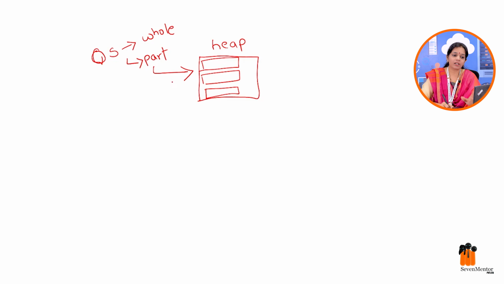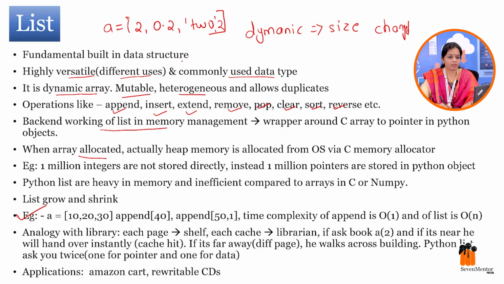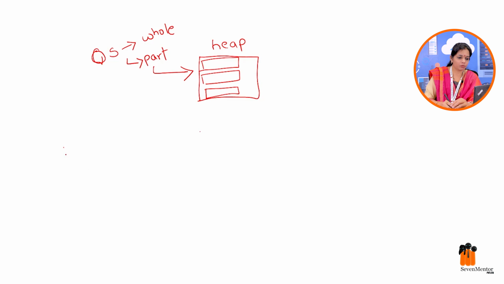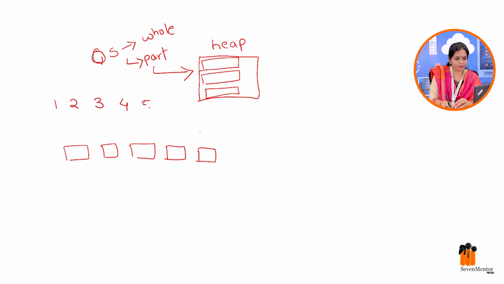Python doesn't directly interact with the operating system's memory. Okay, yes. For example, 1 million integers are not stored directly, means what? I'll explain with only 5. Suppose these are the 5 integers. So the integers I will write here: 1, 2, 3, 4, 5.